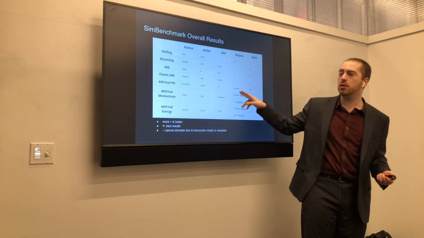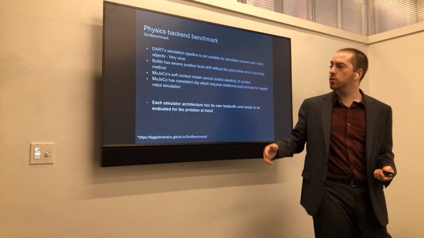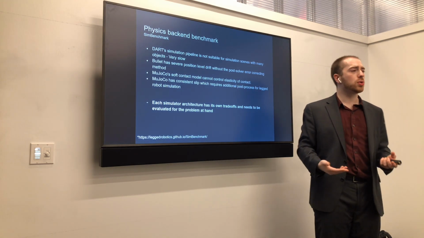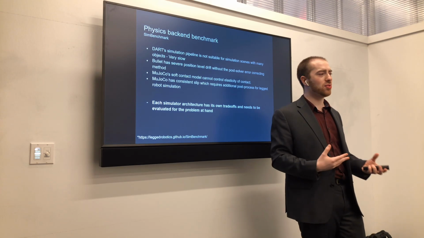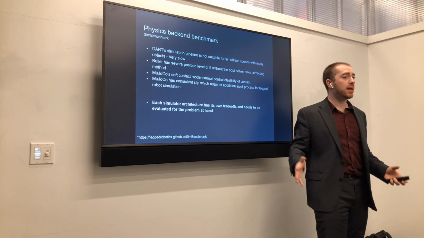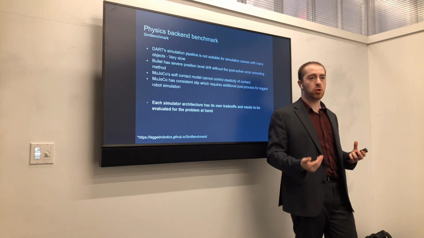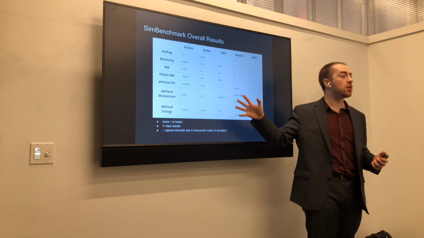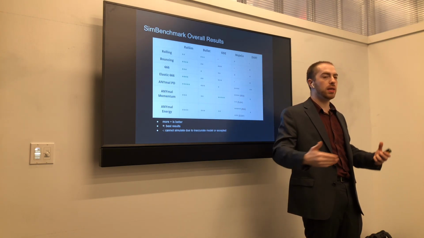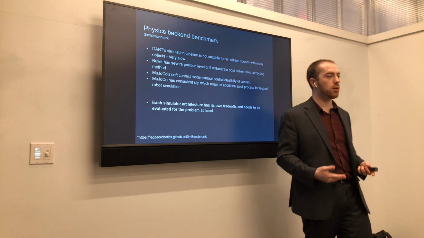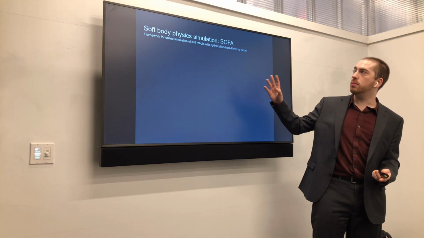So that's what I mentioned here is these tests weren't actually usable. And then Mujoco has consistent slip, which requires some additional post-processing to make sure that your model is performing accurately. So really what I'm highlighting here is each simulator has its own pros and cons. And when you're considering your problem, this is a nice chart as to whether or not that simulator supports the problem. And then you also want to look at the high-level APIs, whether or not it's usable.